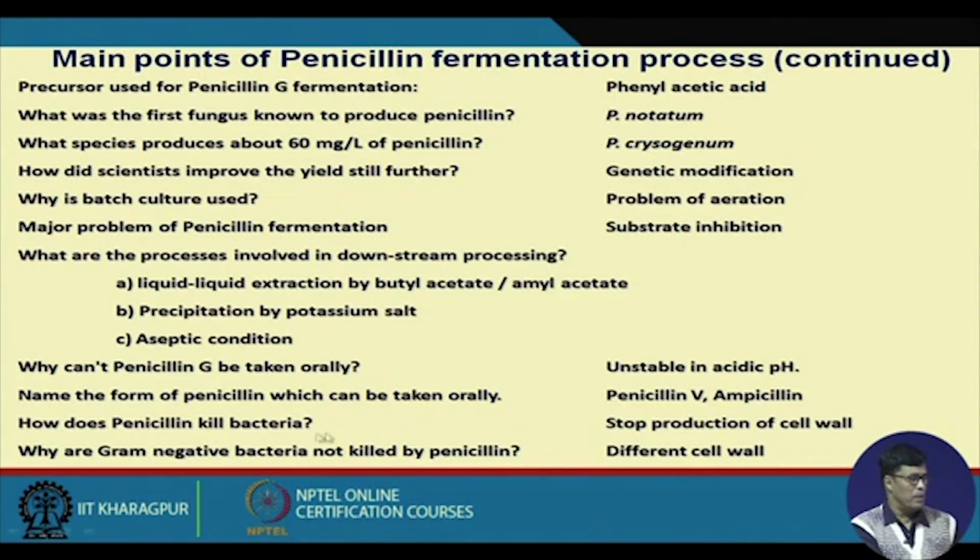How does penicillin kill bacteria? It stops the production of the cell wall. And why are gram-negative bacteria not killed by penicillin? Because they have a different cell wall. So we can understand the different uses of penicillin, how penicillin acts on the human body, and how its production takes place.